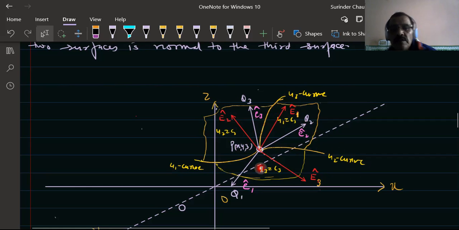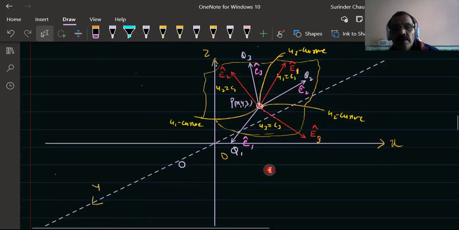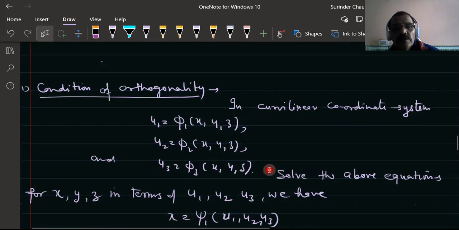These are the normals to the surfaces. These are the orthogonal tangents, and they are normal, right? So what is the condition for orthogonality? If the surfaces are orthogonal, what is the condition for that?